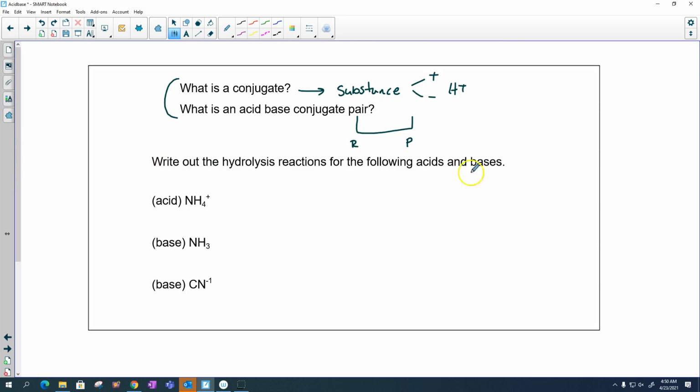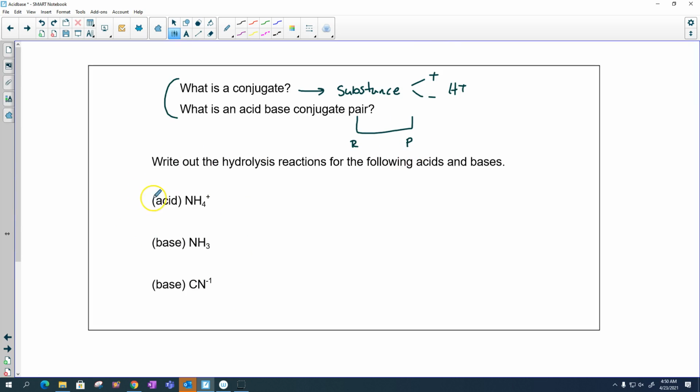So let's write out the hydrolysis equation for these acids and bases. We're just doing a little more work on your own here. So this is an acid. Pause the video. I would like you to write out the hydrolysis equation, and then link them for acid-base conjugate pairs.